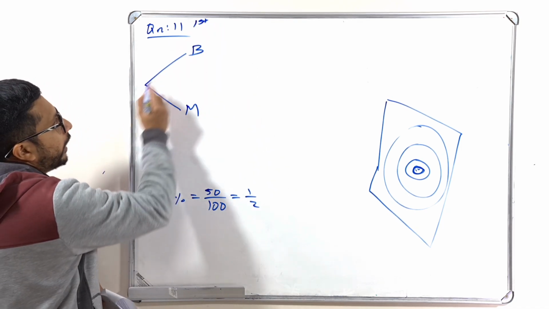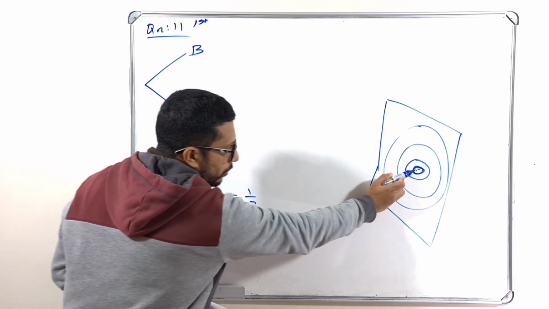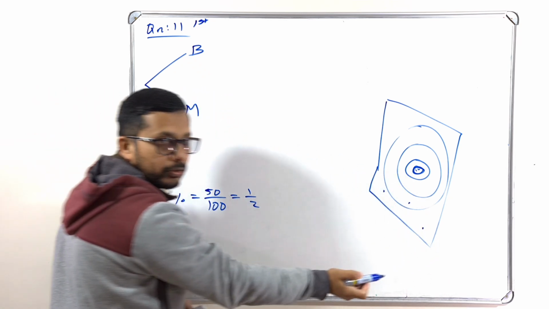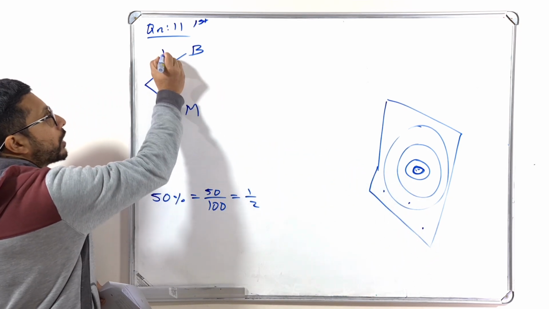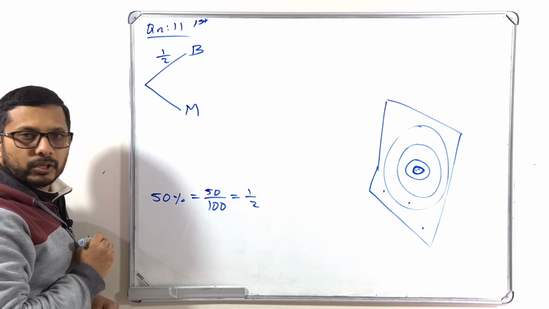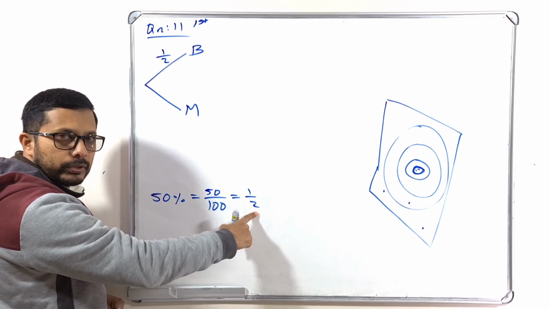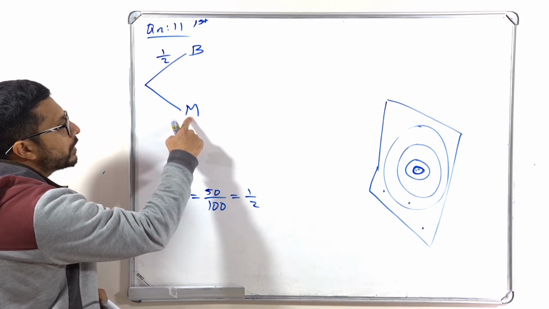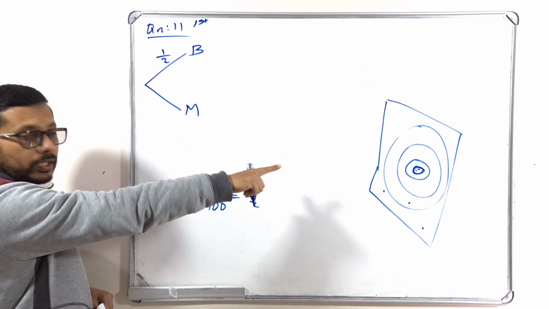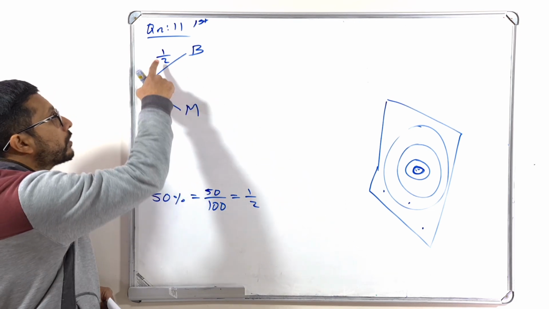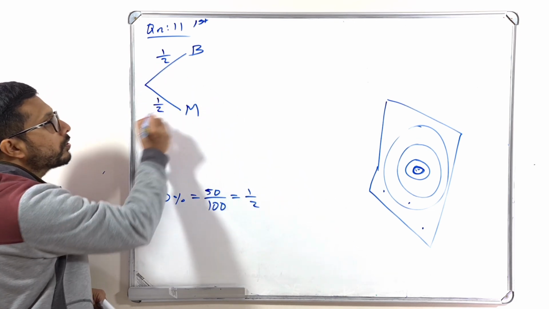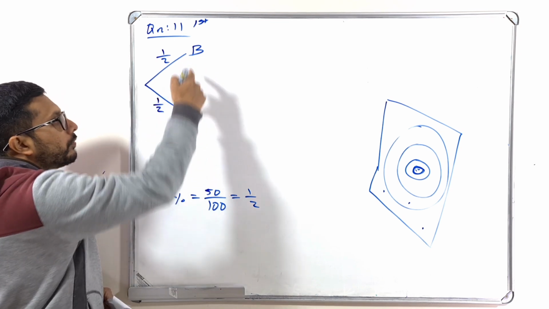The chance of hitting the bullseye is 50%, that is 1 over 2. And the chance of missing is also 1 over 2. So this is the first shot.